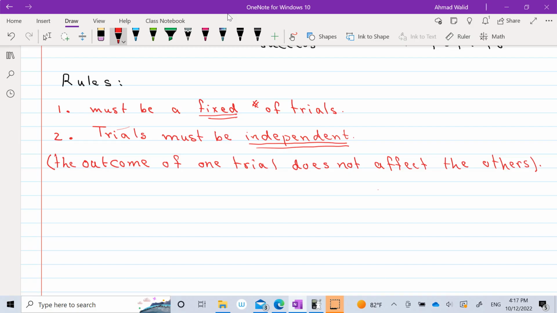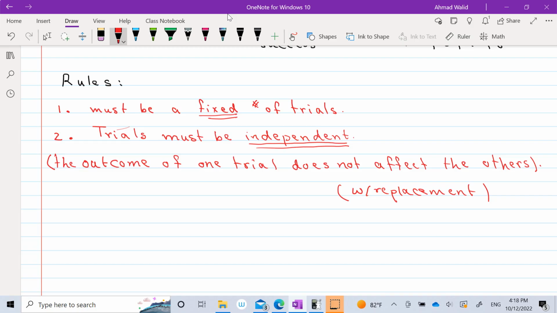Or, for example, if you draw a card from a deck of cards with replacement, remember this? With replacement? We talked about this before. With replacement means when you draw a card from a deck of cards, after you see the probability, you put back the card in the deck.